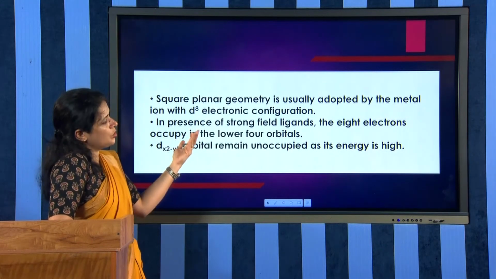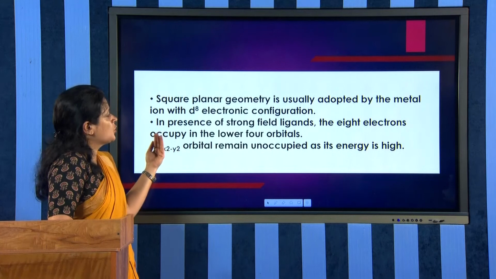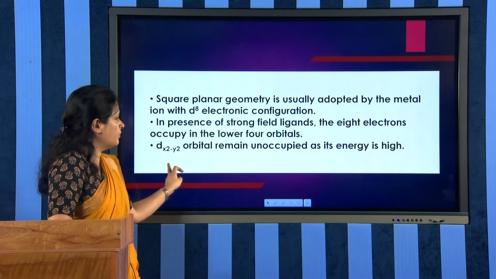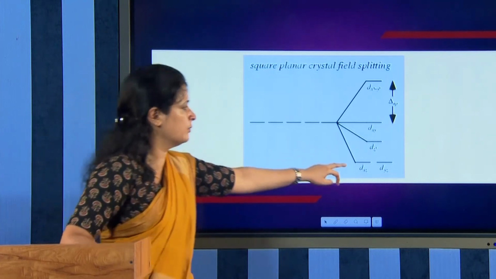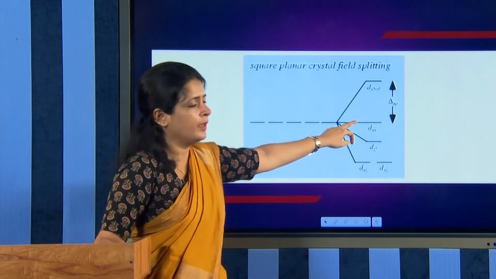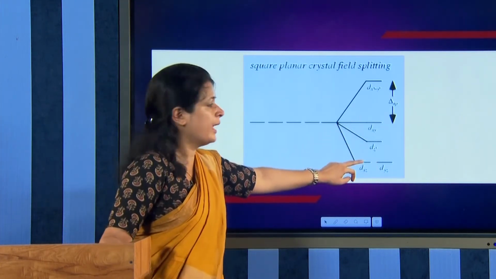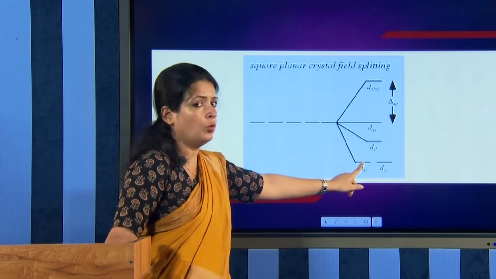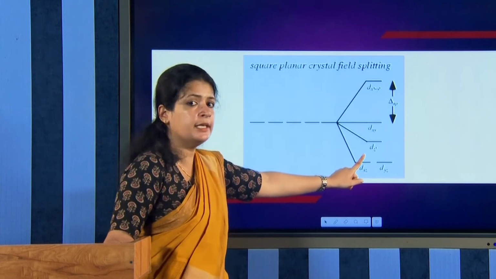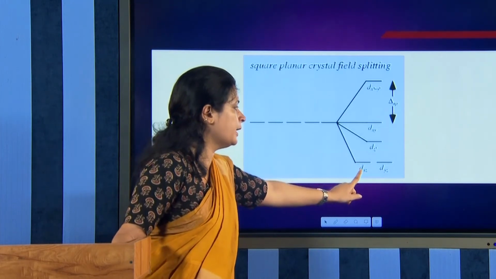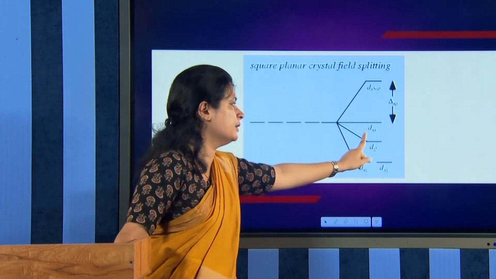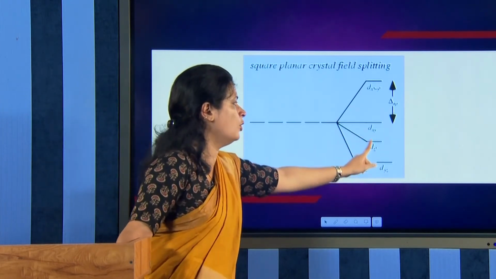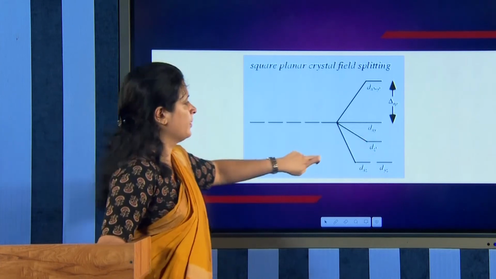In the presence of strong field ligands, the 8 electrons occupy the lower 4 orbitals. Which are the lower 4 orbitals? See, 1, 2, 3 and 4. In the strong field ligand, 4 orbitals means 8 electrons. The 8 electrons will occupy dxz, dyz, dz square and dxy, that is 1, 2, 3, 4, 5, 6, 7, 8.